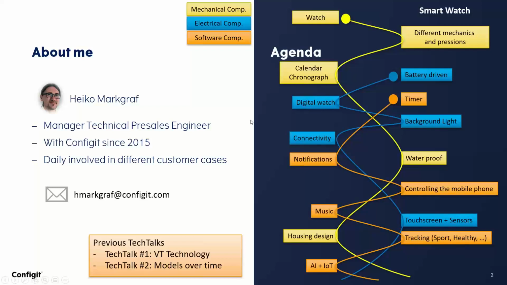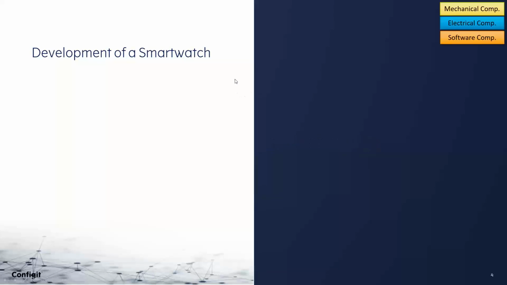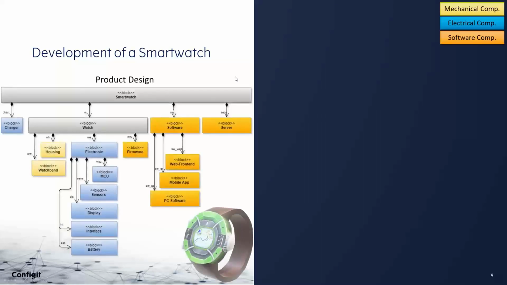So let's look at how product models are very often created today. I have named that a monolithic product model. What happens quite often today is that we start in a very nice design phase, creating, in this example, a smartwatch with the different components. So we can see the watch itself over here, and you will also see the different components.